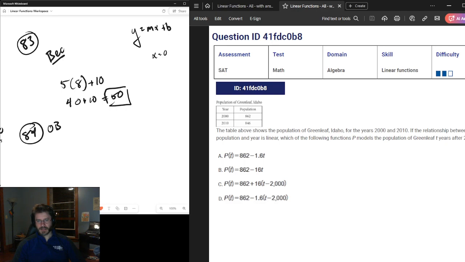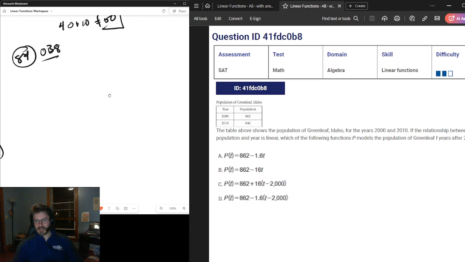Code 0B8. Answer choices are linear functions in slope-intercept form. They've flipped it, so the slope is actually this 1.6 or 16. We've got positive or negative, and the notable thing here is on answers C and D, we have a horizontal shift of 2,000. Anytime that you have anything inside of the parentheses with your x-coordinate, and t here represents our x-coordinate, we're going to have a horizontal shift, either left or right, and it's always the opposite of the sign there.